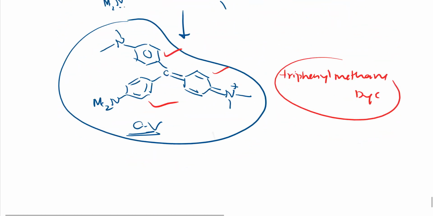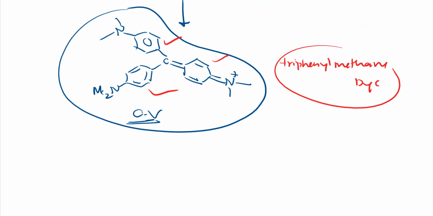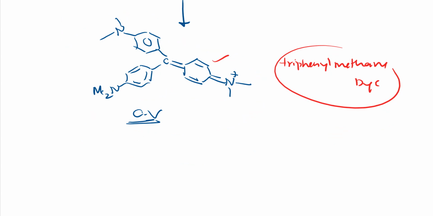But one interesting fact about this is, see here, let me remove all these things. So this is my crystal violet, as I have told, right? So further let us see a few more things of it.